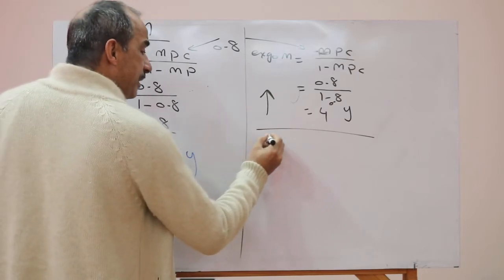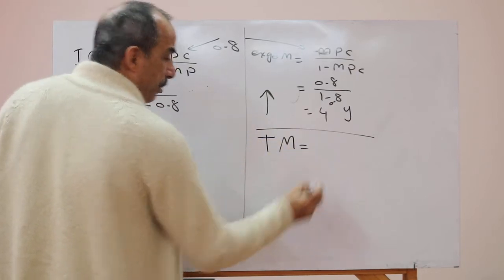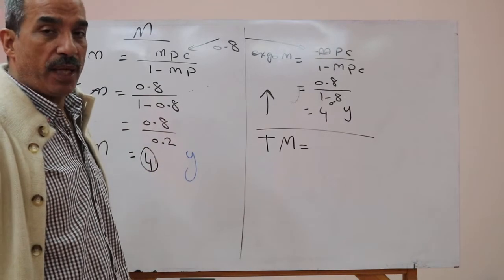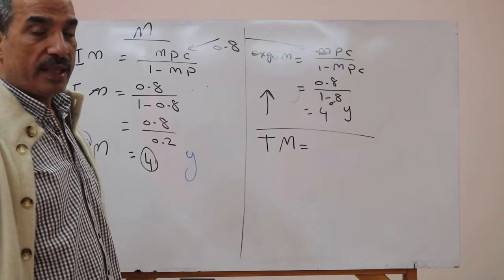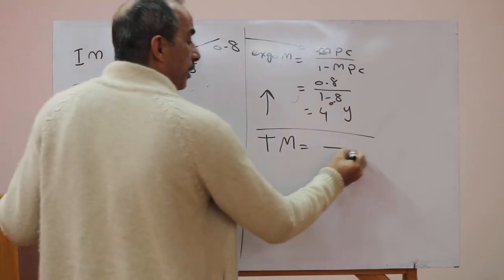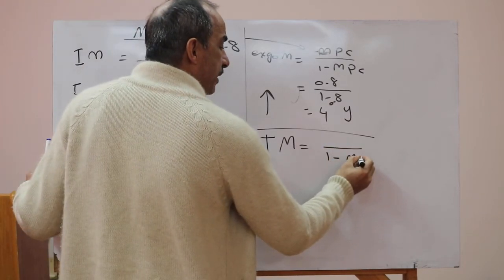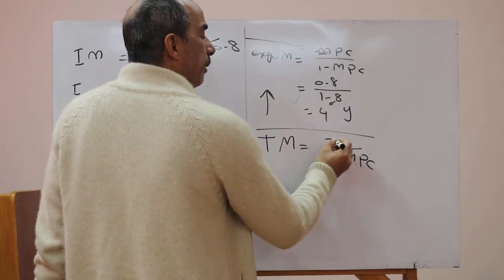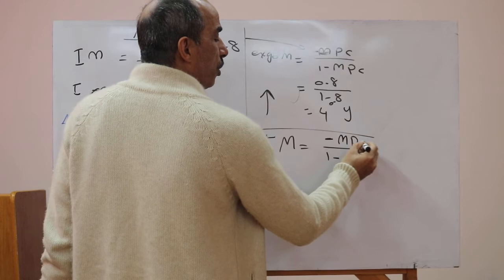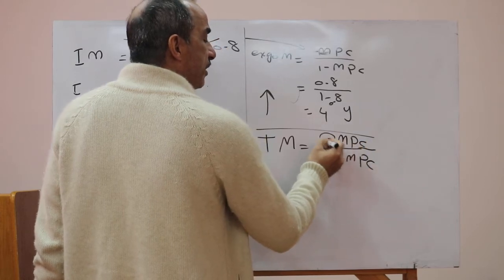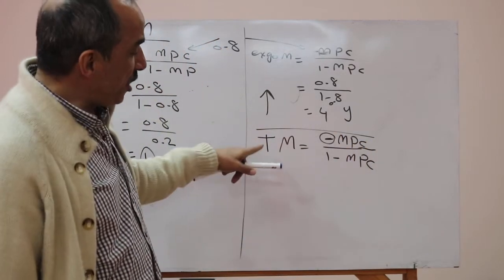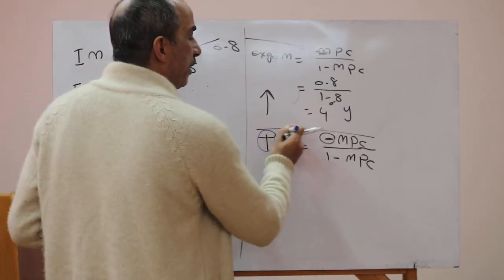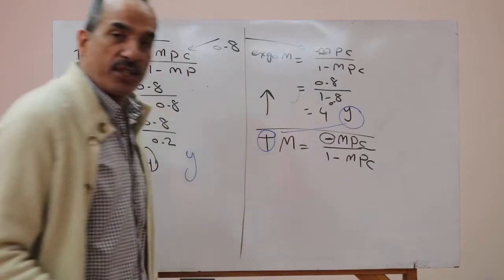The taxes multiplier is the third type of multiplier. The taxes multiplier equals minus MPC out of 1 minus MPC, and the sign is negative. Why? Because the relation between taxes and income is negative.